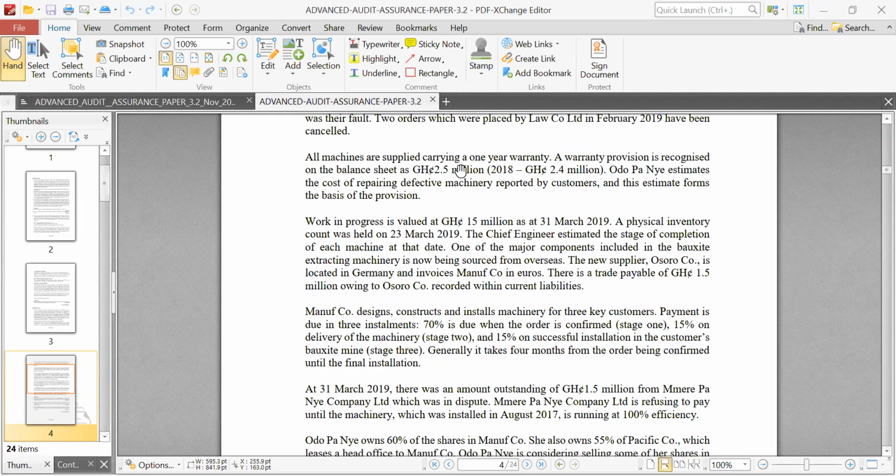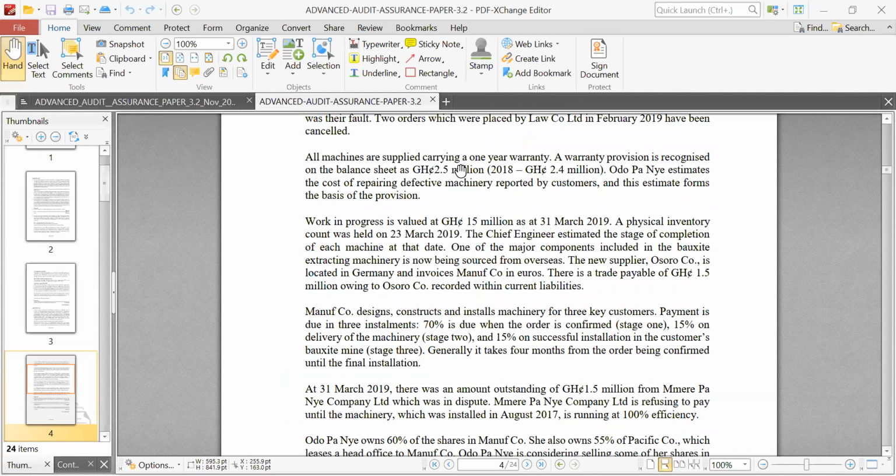And usually, how is the warranty provision estimated? One of the ways they estimate is they look at it as a percentage of revenue.